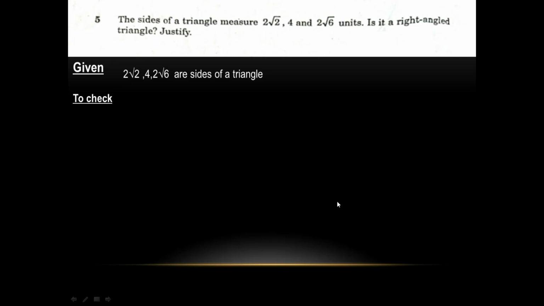To check if it is a right angle triangle or not, we need to apply the Pythagorean theorem.